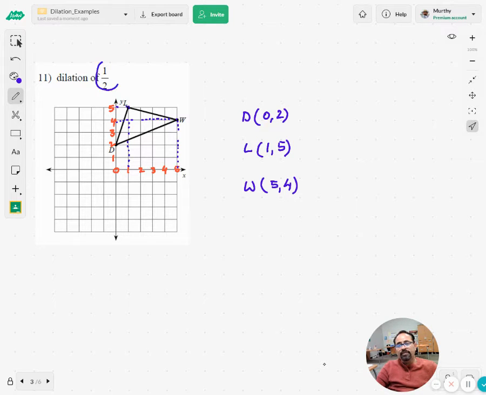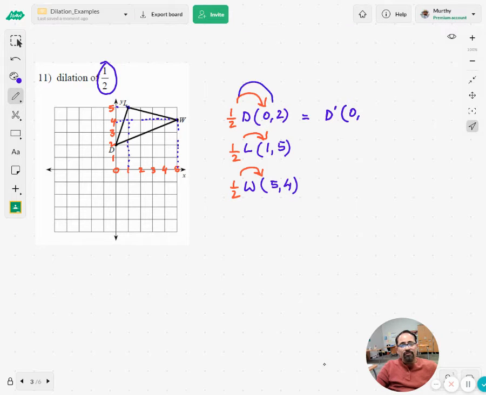Now, the scale factor, you see that it is 1/2. So you multiply each of these values with 1/2 to get their primes, or the dilated figure points. So D prime will be half of 0, which is 0.